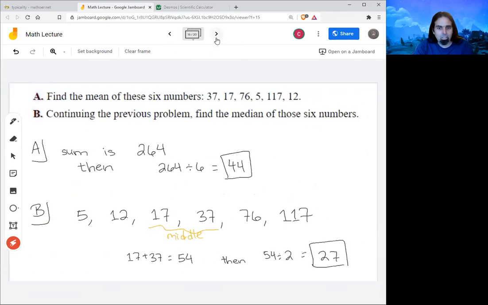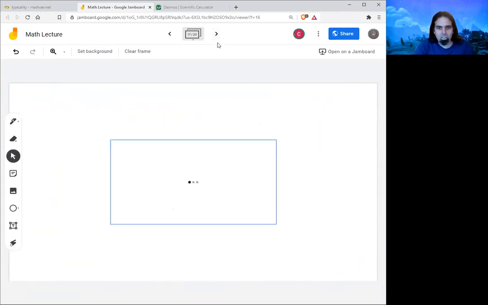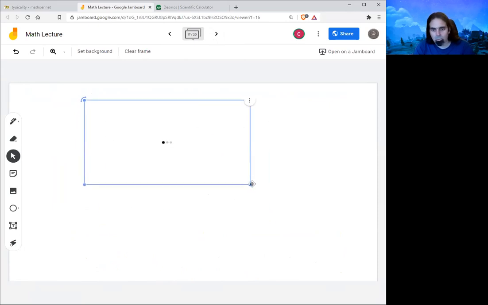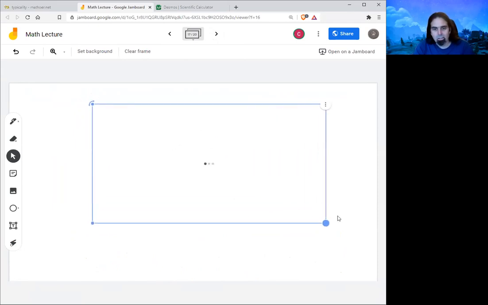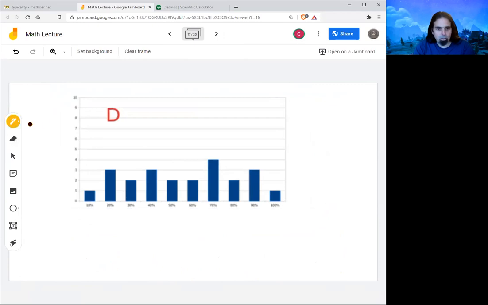So in any data set, unless all the numbers are the same, that would be a very boring group of numbers. If we have a bunch of different numbers, then there's going to be a mean number about in the middle, what looks like it balances on the teeter-totter. And some are higher and some are lower. And some might be a lot higher and some might be a lot lower.